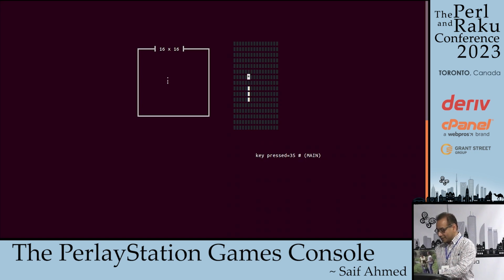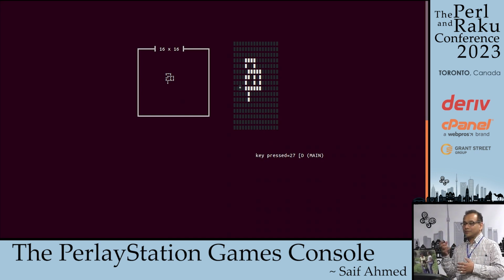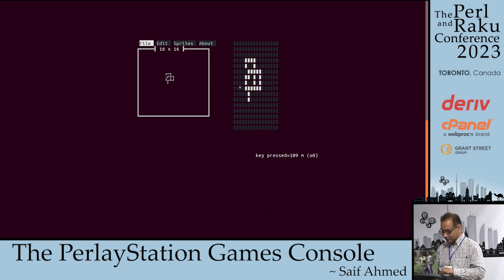If I create a sprite, I can save it and load it as I want. And because I can load sprites, I can create animations from those sprites, and then I can play them sequentially. And these are all done using Braille characters, which are mapped onto a little XY representation of the screen, of the canvas somewhere.